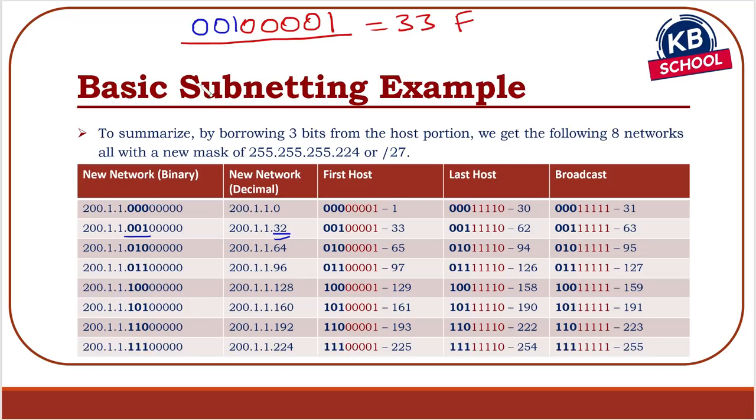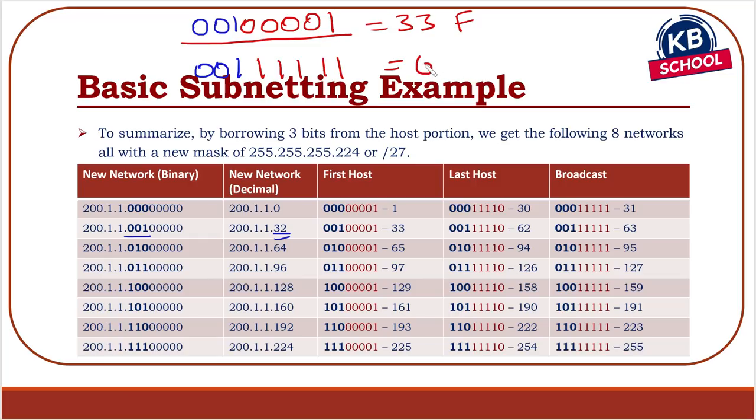On the same network, my broadcast on 001, this network would be, because the first 3 bits represent the network portion, the last 5 bits represent the host portion. All ones in the host portion is the broadcast. So on this network, it's 32 plus 16, 48 plus 8, 56, 60, 62, 63.